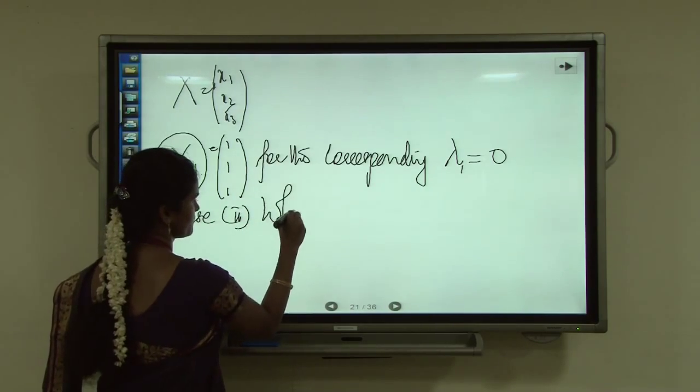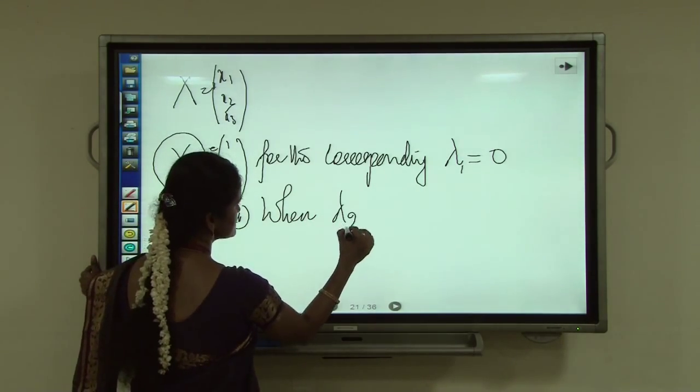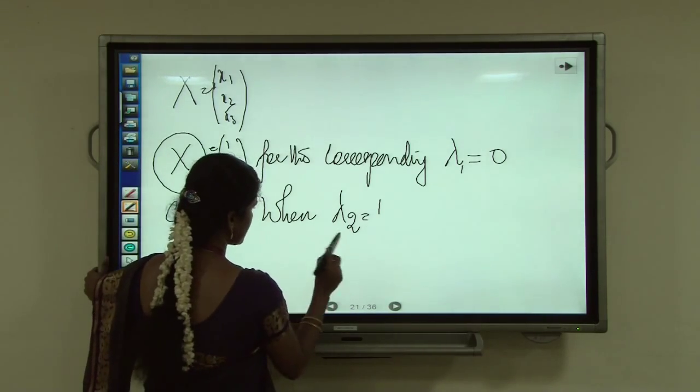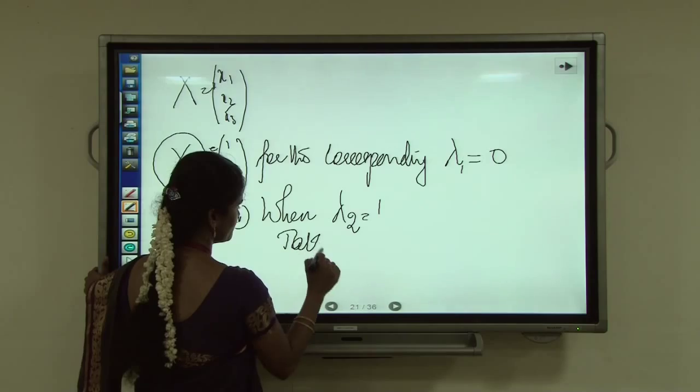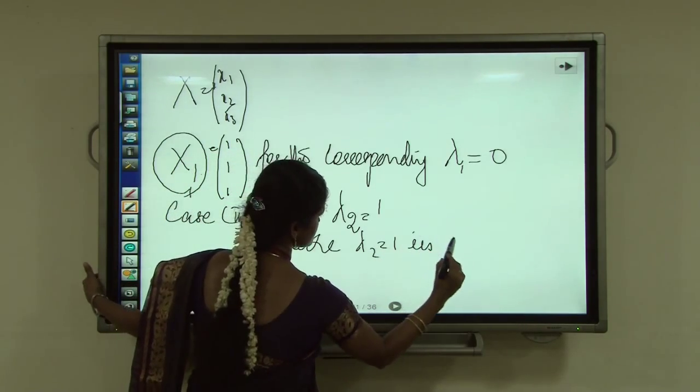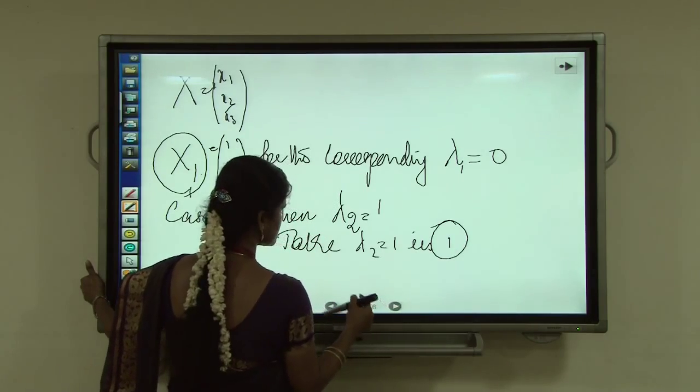When lambda 2 is equal to 1. Okay, lambda 2. So take lambda 2 is equal to 1 in the first equation. So what will you get?